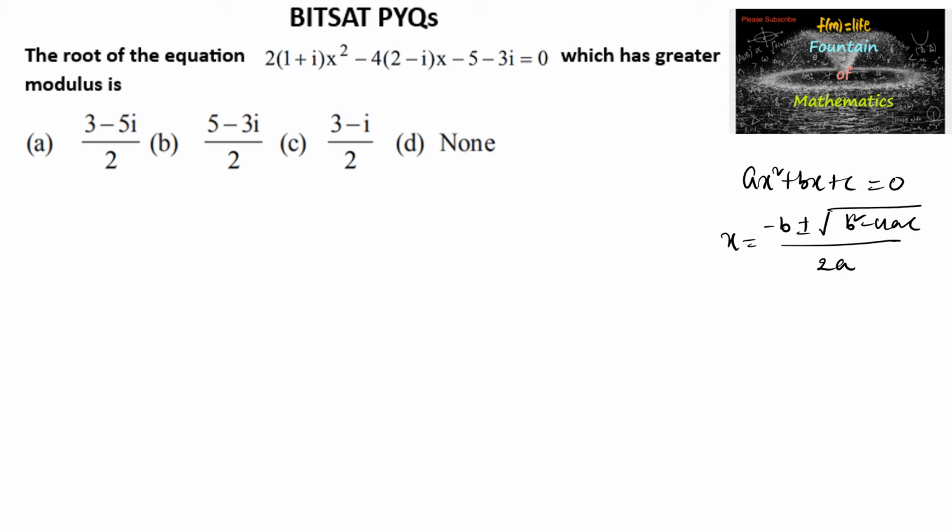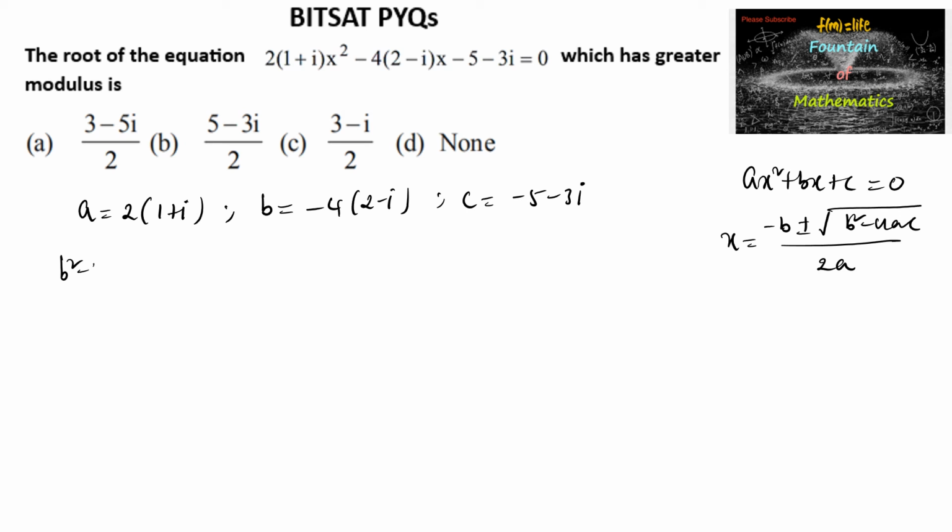2a. So when comparing with this, a is equal to 2(1 + i), b is equal to −4(2 − i), and c is equal to −5 − 3i.